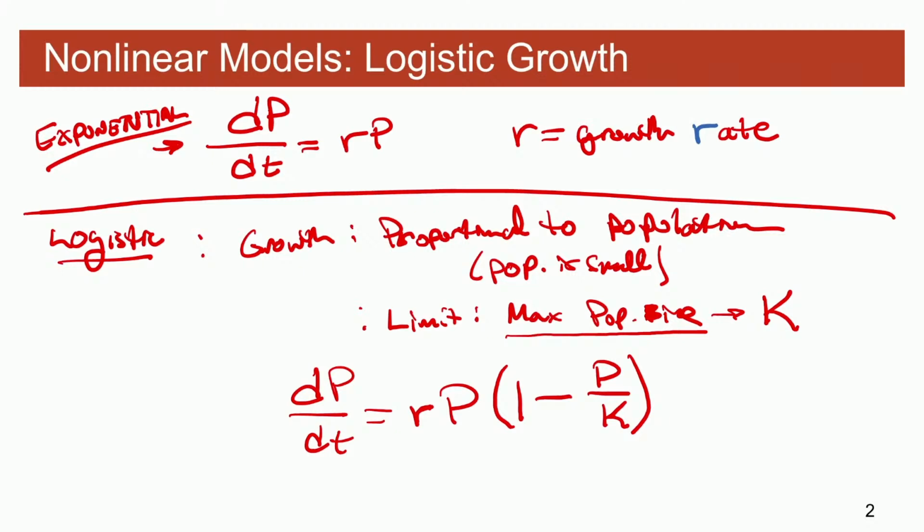So if the population is, say, 9.9 billion, and the maximum carrying capacity is 10 billion, then 9.9 over 10 is very close to 1. 1 minus that is almost 0. And that means that the rate at which the population will increase is much smaller. So I can call K the carrying capacity.